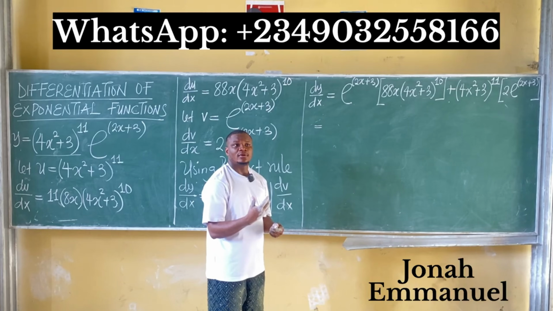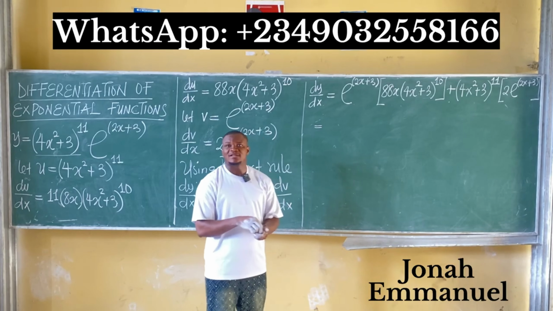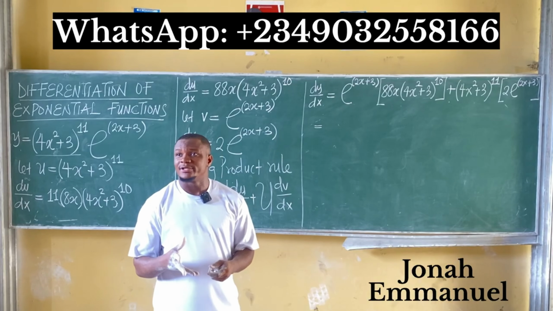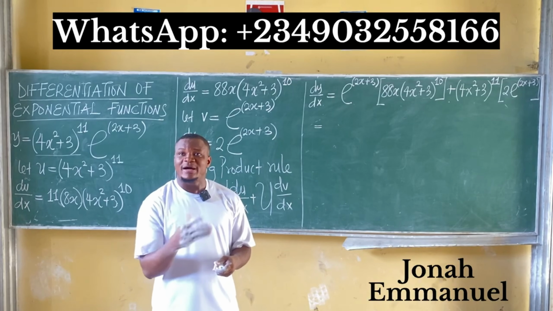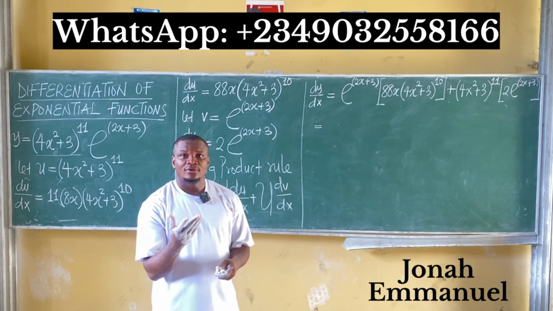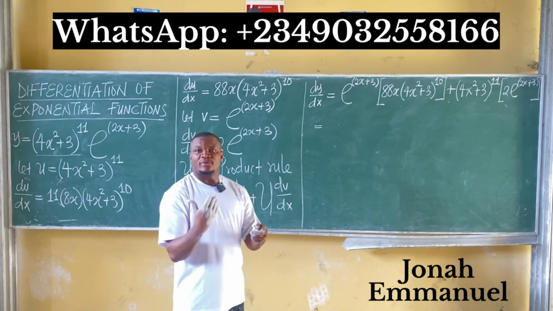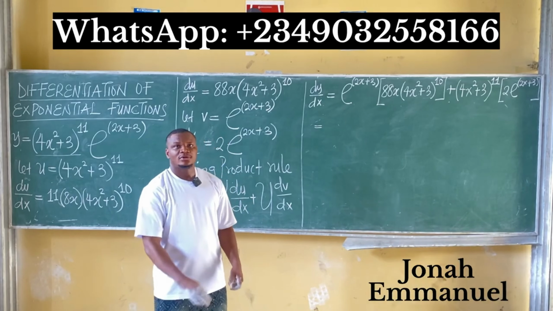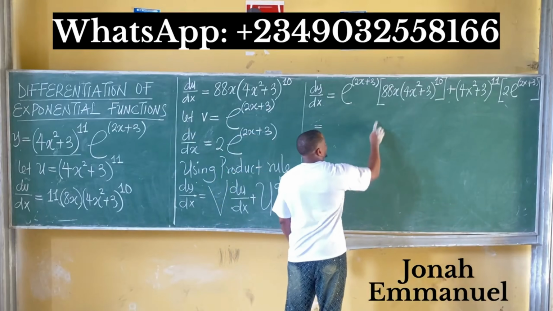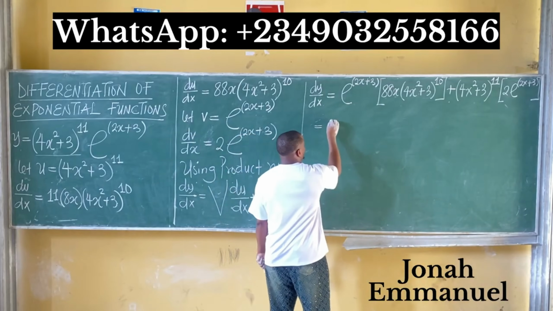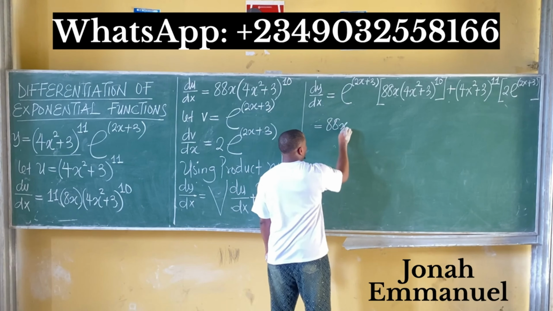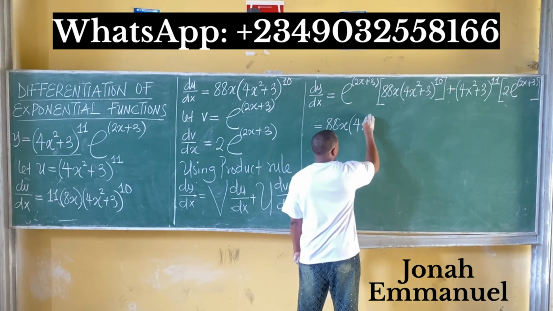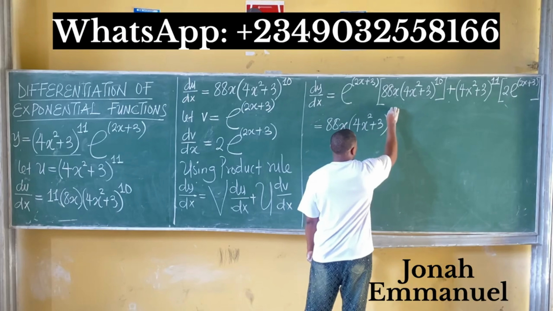When you're expanding terms, which one do you bring out first? The number now. What's the number here? Your x. So it becomes what there? 88x. Then what again there? That becomes 4x squared plus 3 to the power what there?